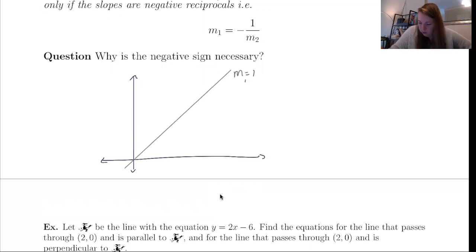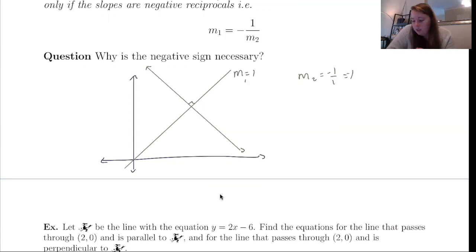Well, if I call M1 1, then M2, if I just did 1 over 1, that would also equal 1, which is the same line at that point, or it's a parallel line. So I need a negative there so that it allows me to make that perpendicular line. Because if it wasn't, it would be the same line. Perpendicular, not perpendicular. All right.